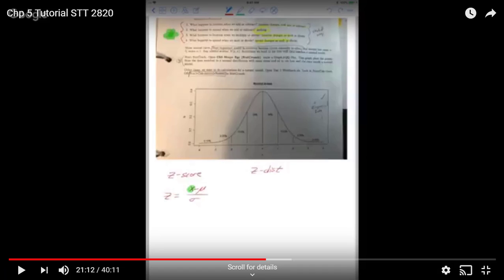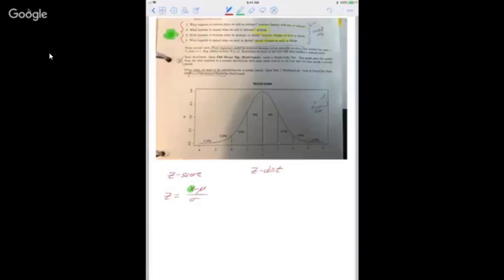So the z distribution is a normal bell curve. And on this bell curve, we have a mu equal to 0.